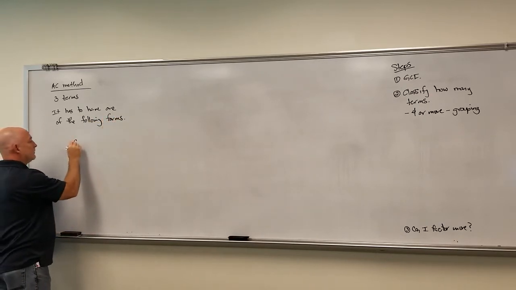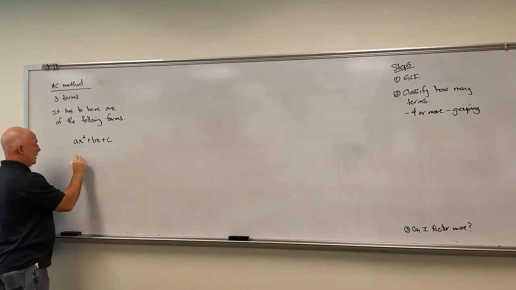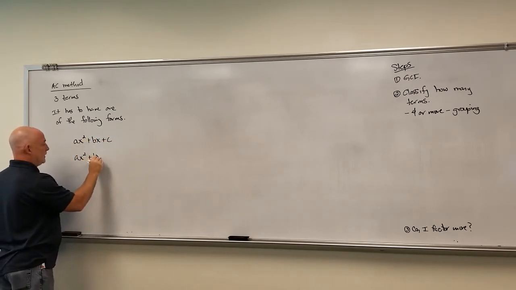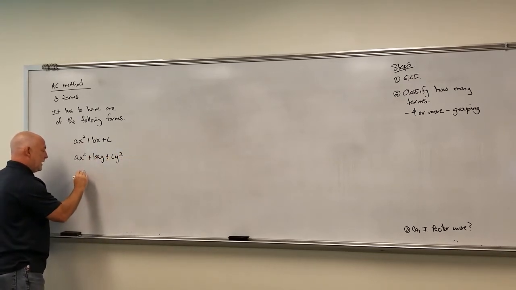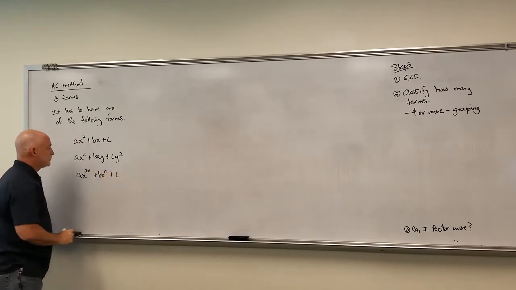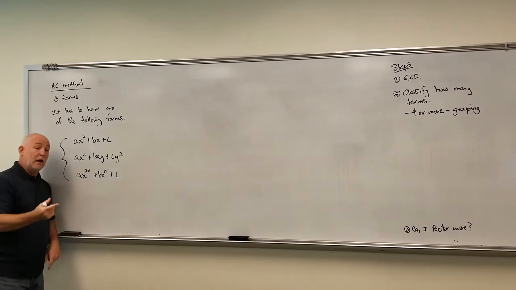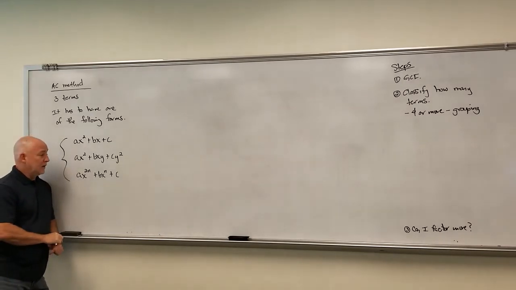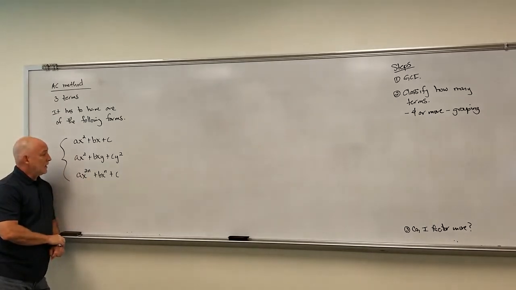It has to either look something like this: ax squared plus bx plus c, ax squared plus bxy plus cy squared, or scary looking ax to the 2n plus bx to the n plus c. All right, it has to have one of these 3 forms. Now that's a lie. There's a lot of other ways that it'll actually work, but these are the ones that we're going to see the most at this time.